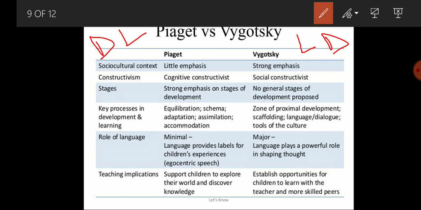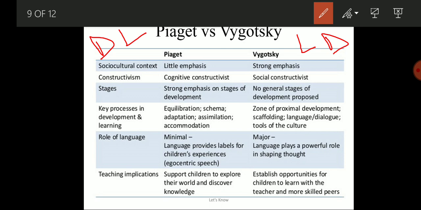Sociocultural context. Here you see, cultural and social aspects are less emphasized by Piaget. He said the factors are biological maturation and environment. When we study Vygotsky, he says social interaction, culture, and language are very important sources of development.